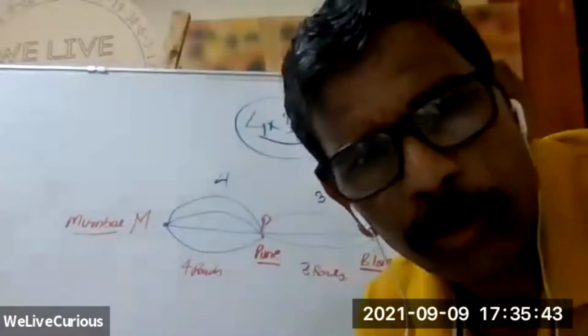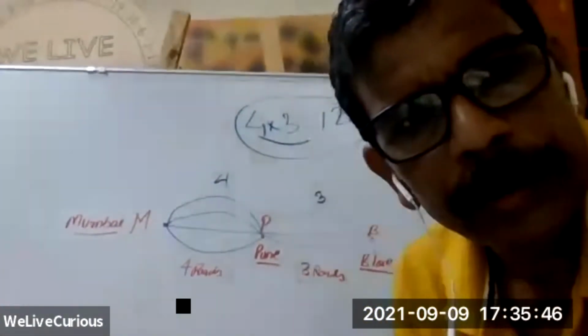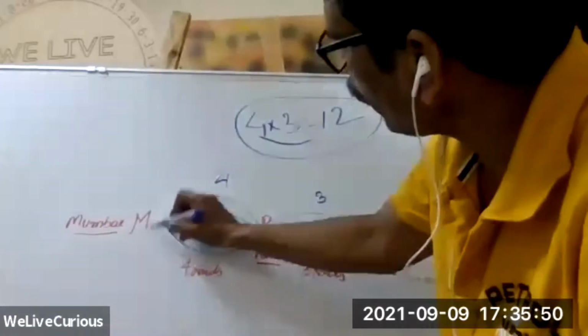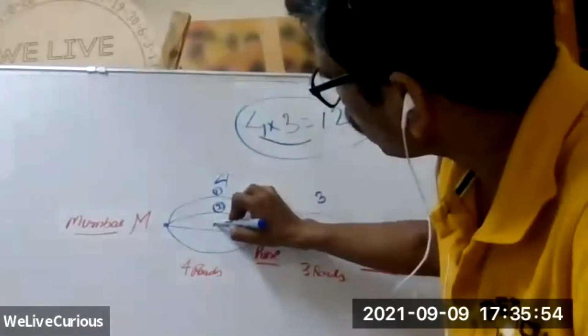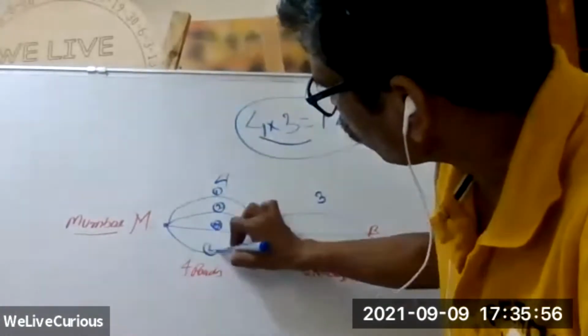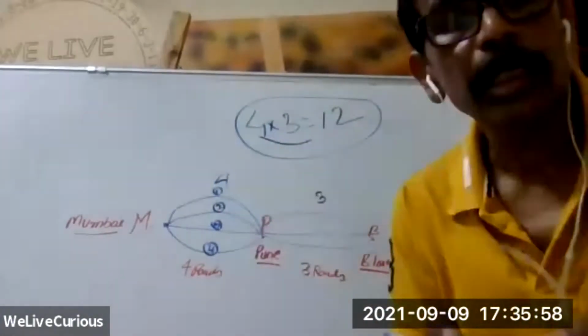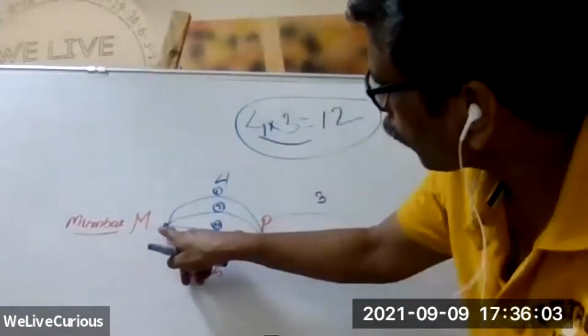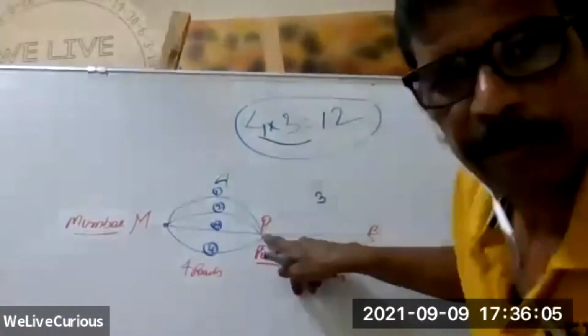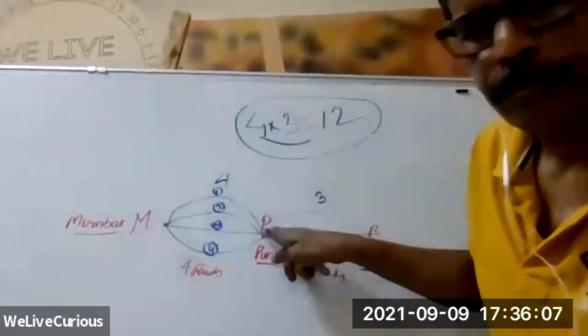Suppose we don't know this formula, then what would we end up doing? We would say this is road number 1, this is road number 2, this is road number 3, this is road number 4, right? If we don't know the formula, we would take road M1, P1, this way, M2, P2.